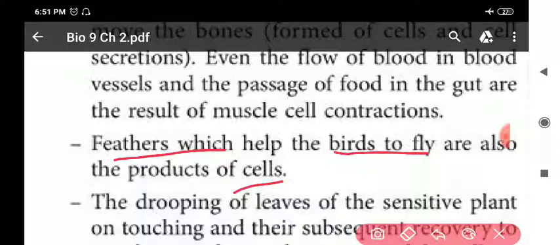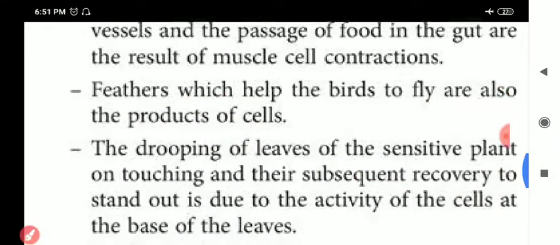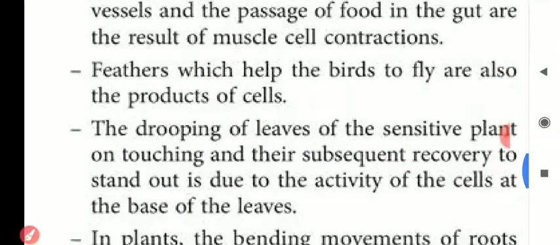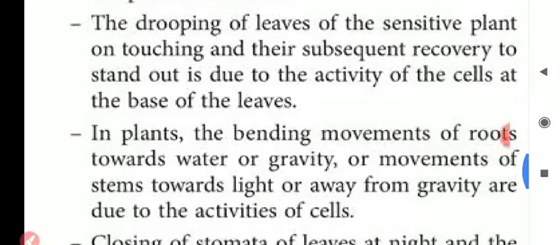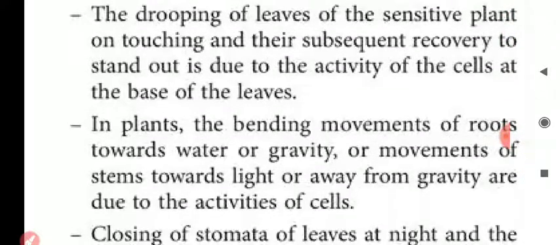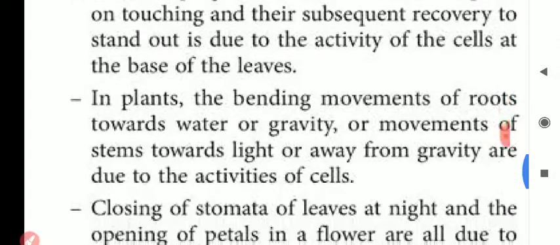Next, my dear students, the drooping of leaves of a sensitive plant on touching, like we have the chui mui plant, it means touch-me-not plant, that is a sensitive plant. So, drooping of leaves is also due to cellular activity. Next, in plants, bending movements of roots take place towards gravity, all that is the activity of cells.